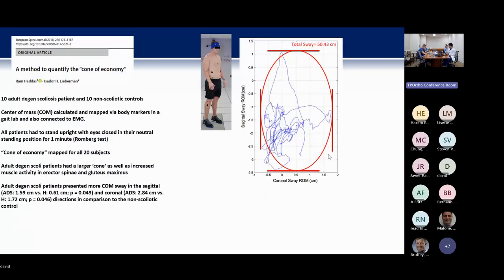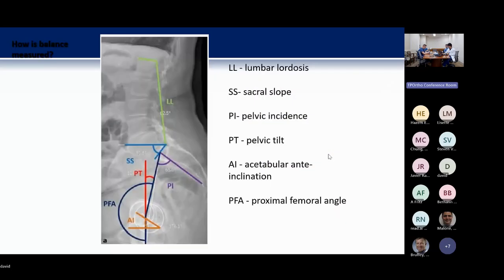This was a mechanics paper demonstrating this principle, where a patient is blindfolded and their sway is measured from a force plate. You can tell that with patients with scoliosis who have their balance outside of this cone, the sway measured ends up being much more distributed.